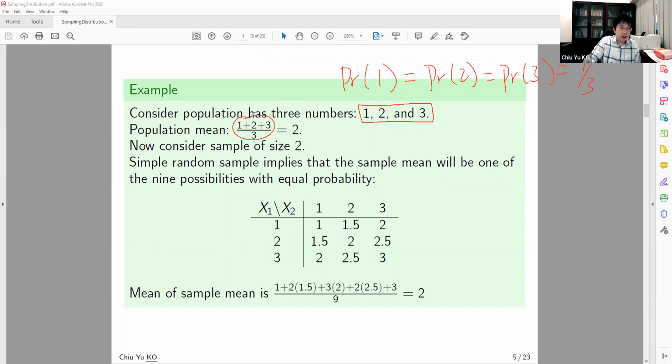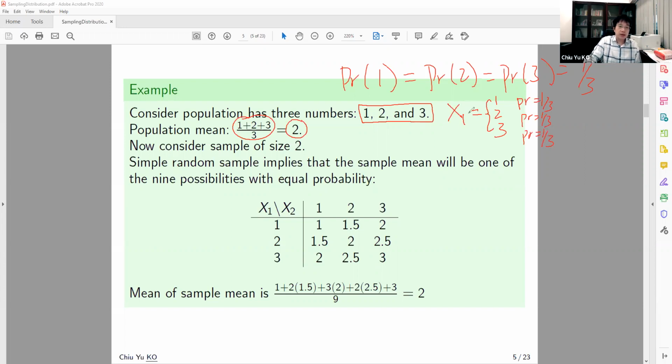The population mean is adding the 3 numbers up and dividing by 3, which is 2. Now if we have a sample of size 1, we only have x1, equal to 1, 2, or 3 with probability 1/3 each.